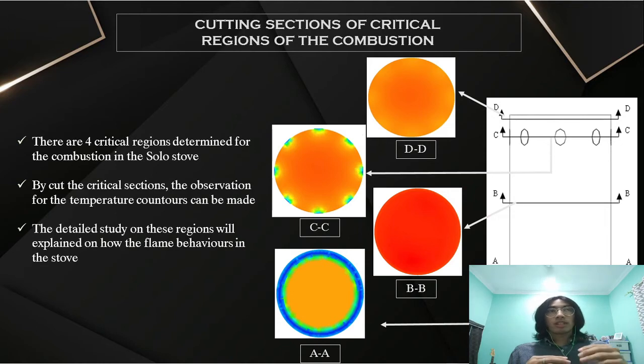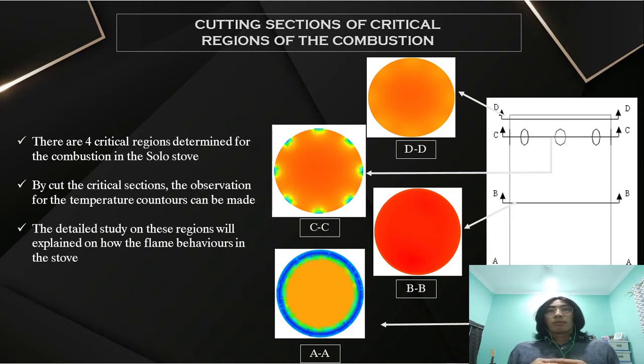First of all, we have AA and CC sections where the air inlets and fuel inlets are located. Next, we have BB section, which is the middle of the stove, and the DD section, which is the outlet of the stove.